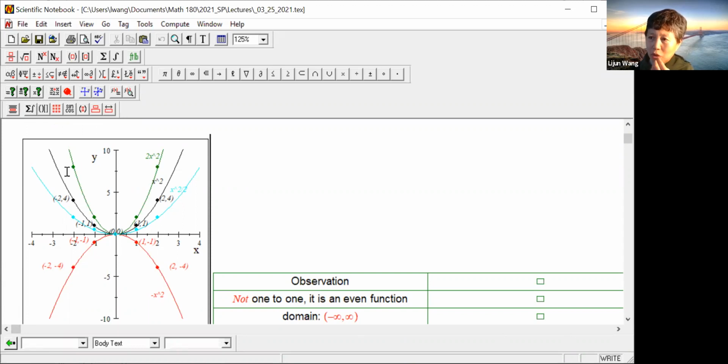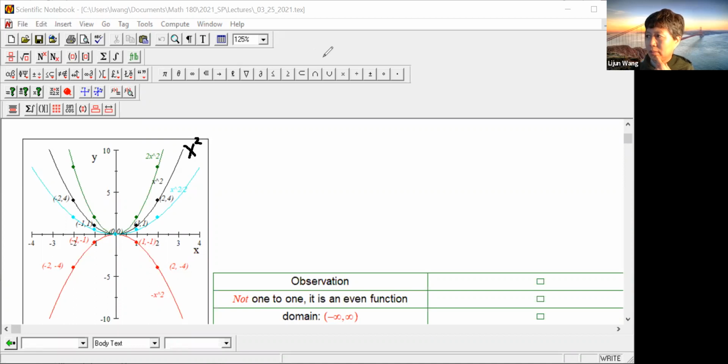Now, I want each one of you to take your paper and pencil and mark these pictures by yourself, one more time. Okay, so I'm going to try to use color coordination. Okay, so this is x squared.